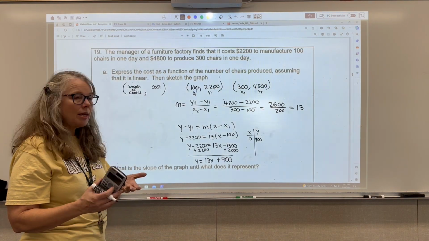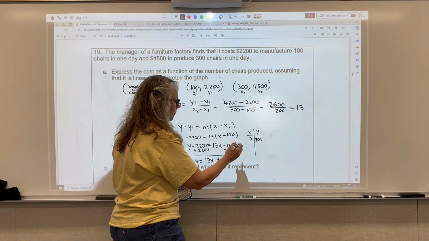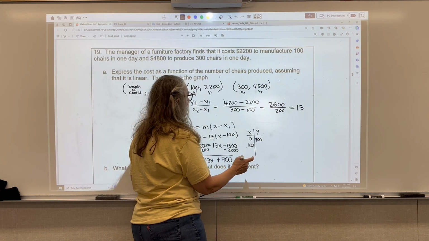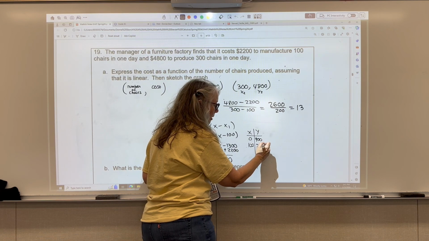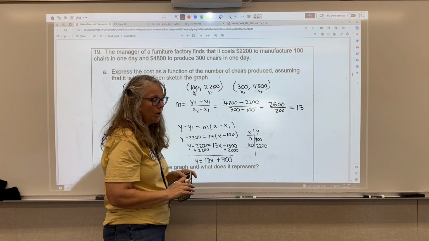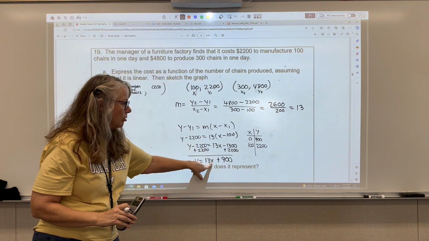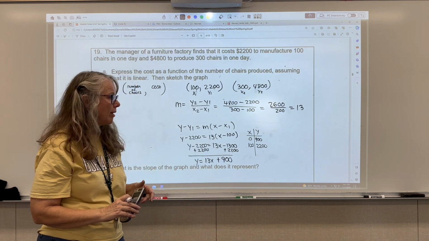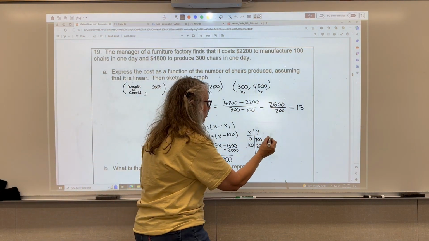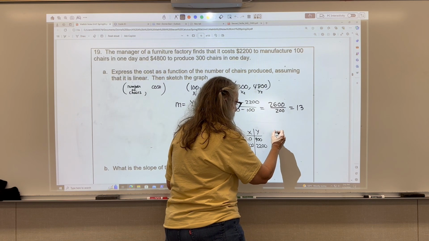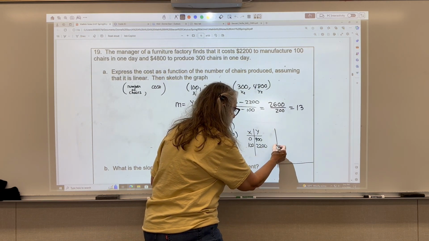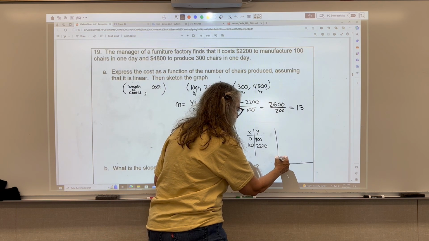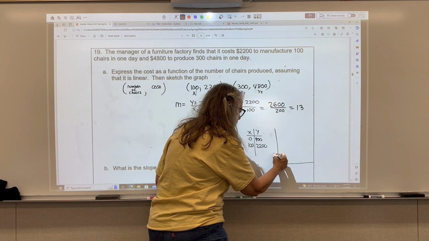And let's say that I make 100 chairs. You probably should know that one should be 2,200. I keep saying 220, but it's 2,200. If you did put in 100 and did the math here, you should get that. And so then I'm just going to plot this. It's only in the first quadrant. So I'm just going to go here at 0, I'm up here at 900. So right here is going to be 900.